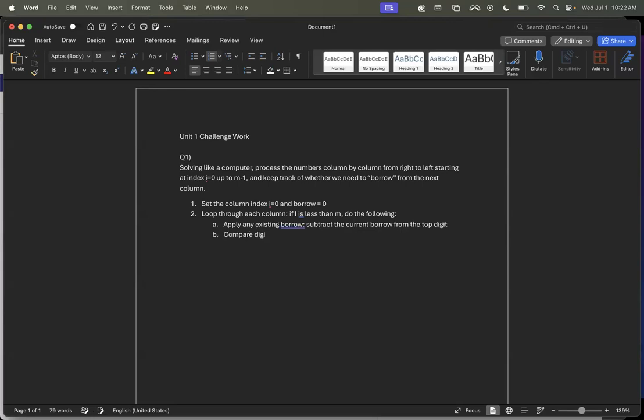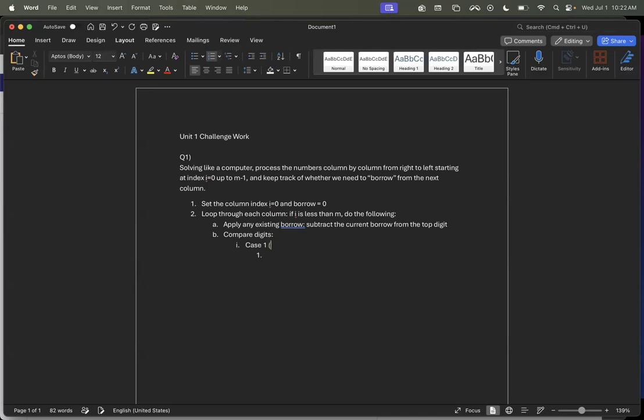Compare digits. That should be a lowercase i. We'll call this case 1, as in what could happen. We should state what it is.